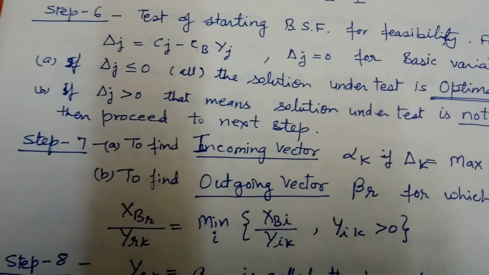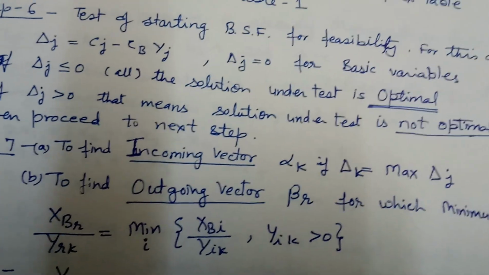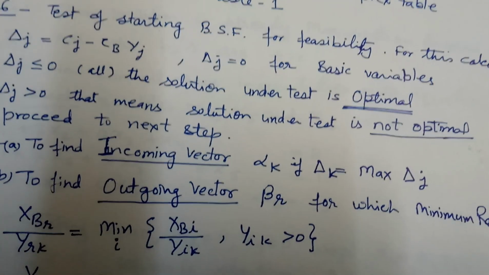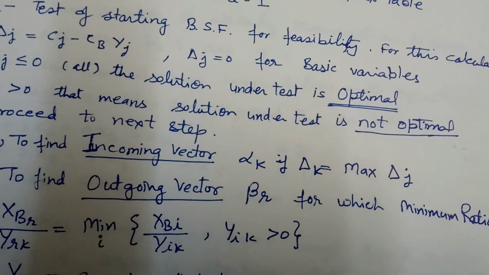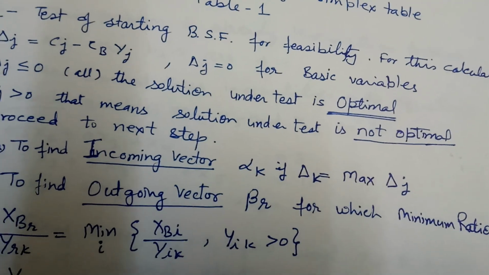In step 7, to find the incoming vector alpha k, delta k is equal to the maximum of delta j; we choose the maximum value of delta j.